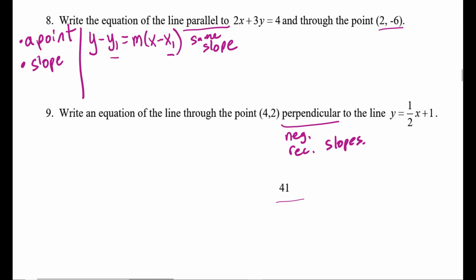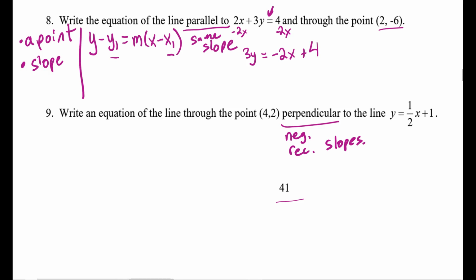So if it's parallel to this given line, that would mean that it would have to have the same slope. But the problem is, this line isn't in slope-intercept form yet, or y equals. So there's a little bit of work we've got to do before we can get to that point. So I'm going to subtract 2x on both sides to get 3y equals minus 2x plus 4.